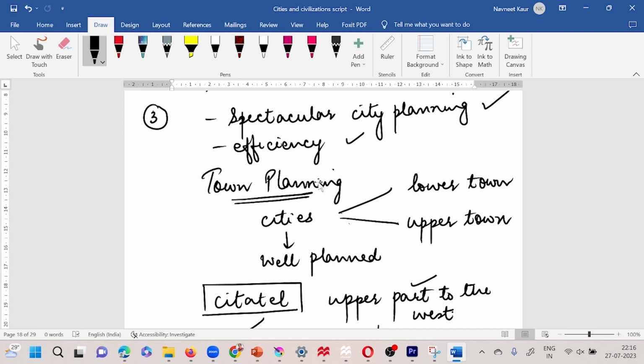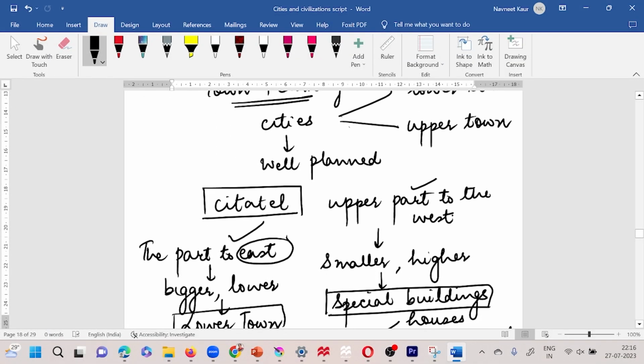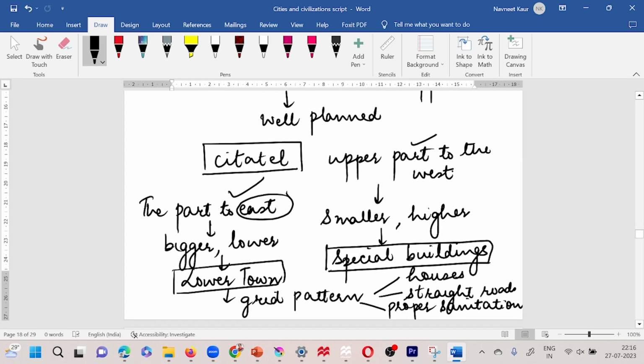Many cities were divided into two parts, the upper town and lower town. Usually the part to the west was smaller and higher, and this was called the citadel, where some special buildings were located. So what basically is a citadel?